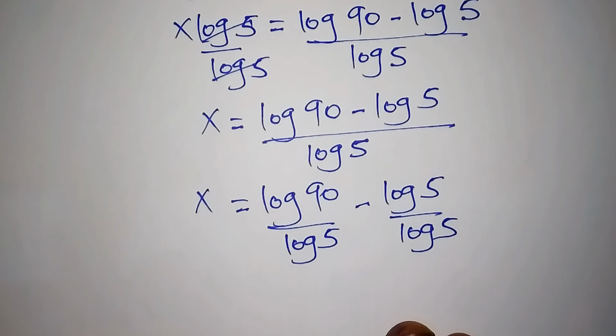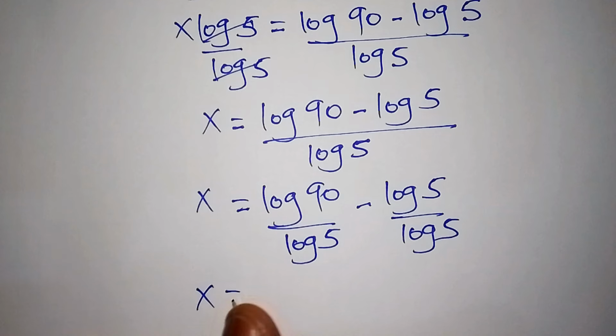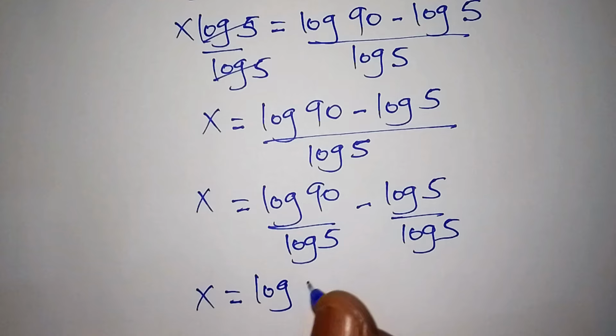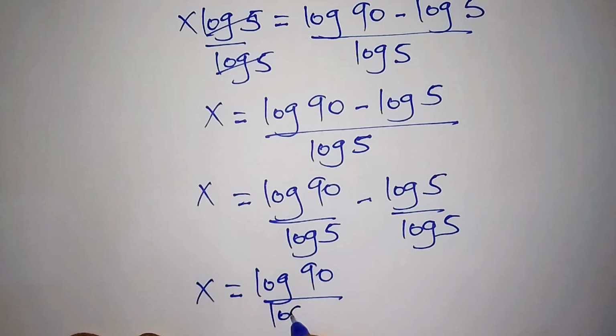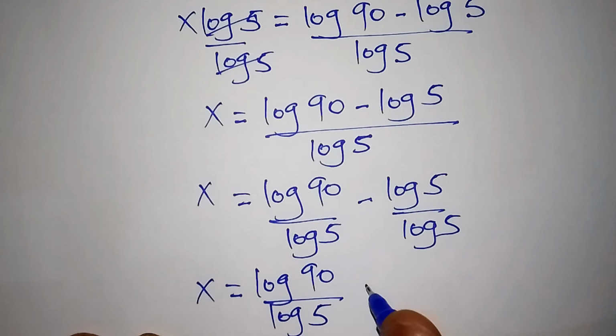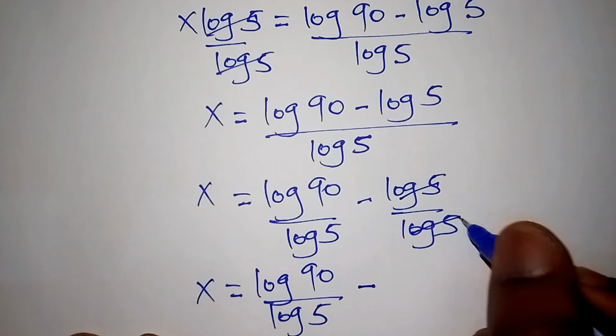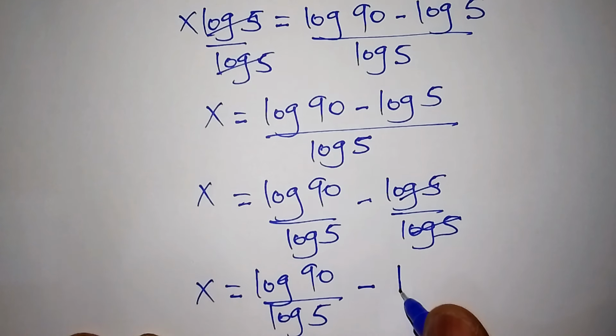So finally we shall say that x is equal to the log of 90 all over the log of 5 minus, so log 5 and log 5 cancel, and we shall have 1.